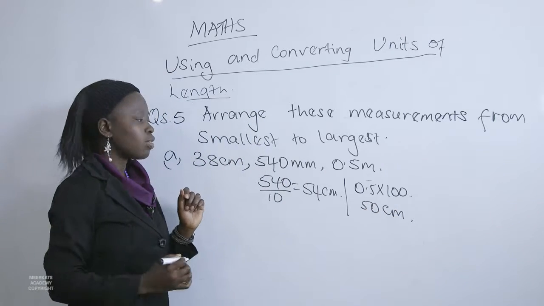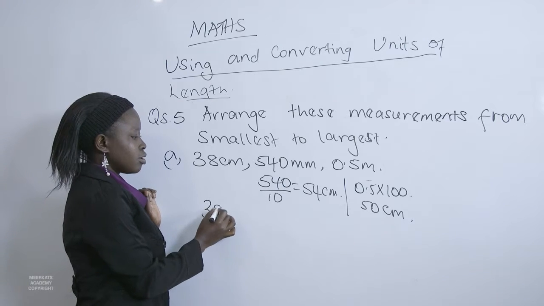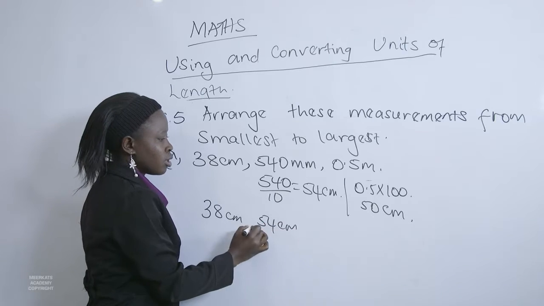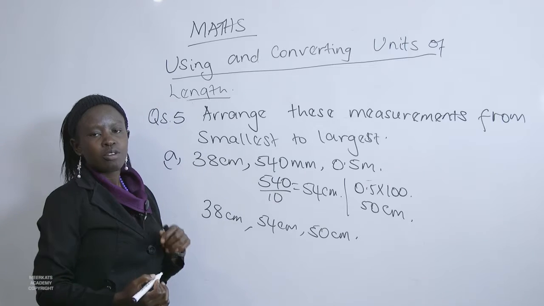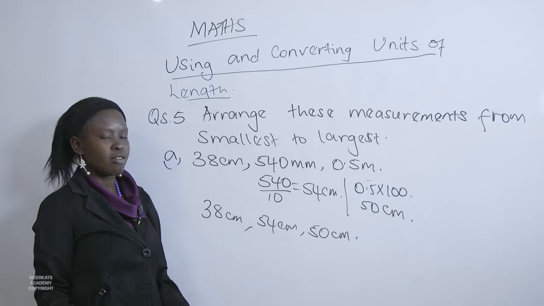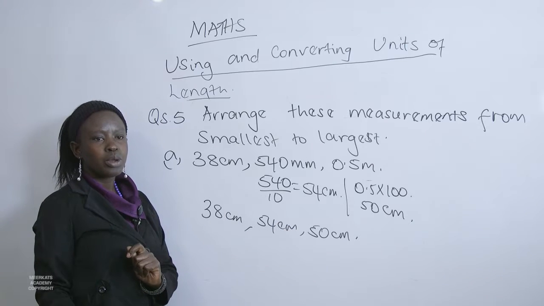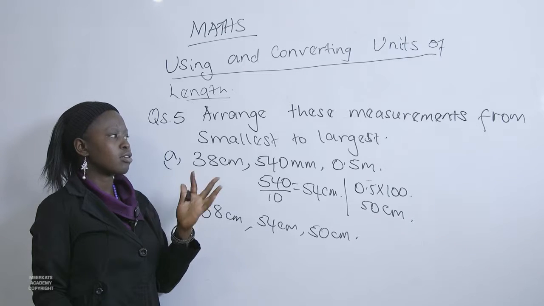So this means the measurements we have here are 38 centimeters, 54 centimeters, and 50 centimeters. From there, it is now easier for us to make a comparison because they are all in the same unit. Then we can tell which one is the smallest and which one is the largest.